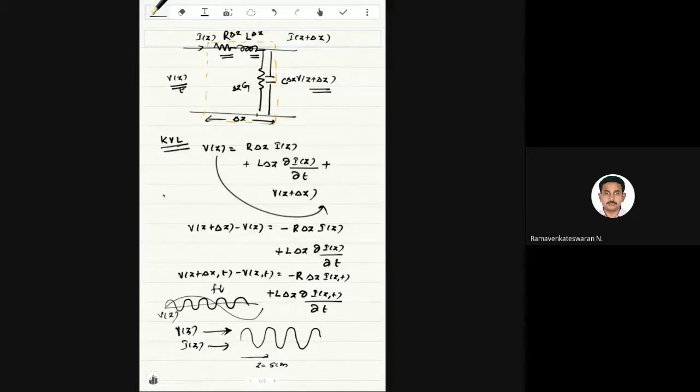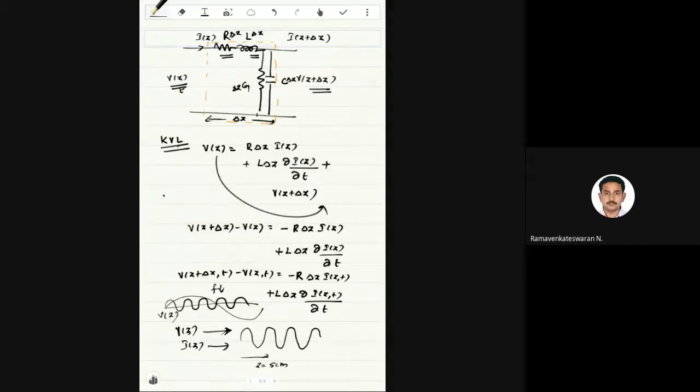There is also a time component, so I'm adding V of Z comma T, because with respect to time it is also changing. So the voltage and current of the sending end we relate with two variables, the distance and time.